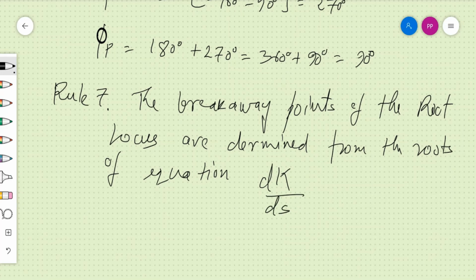In our case, because we have the parameter here as the gain of the open loop system, we are asking for dk by ds.